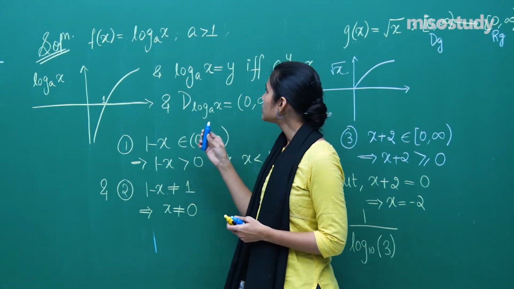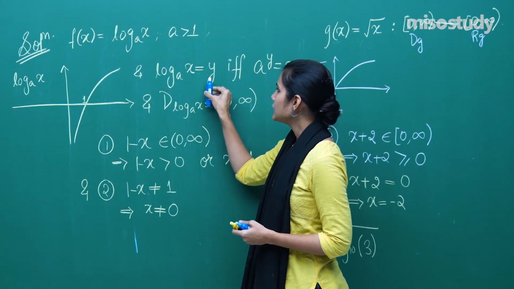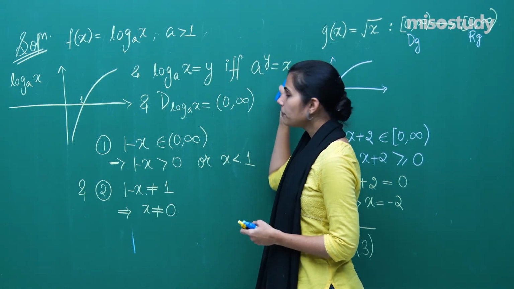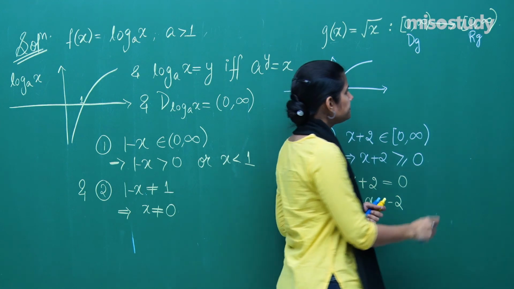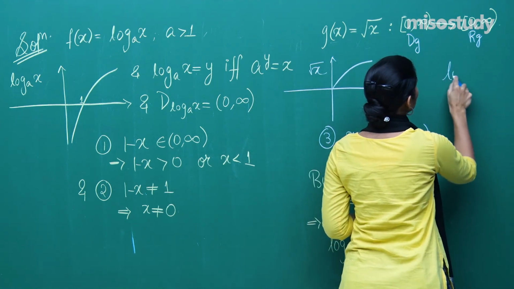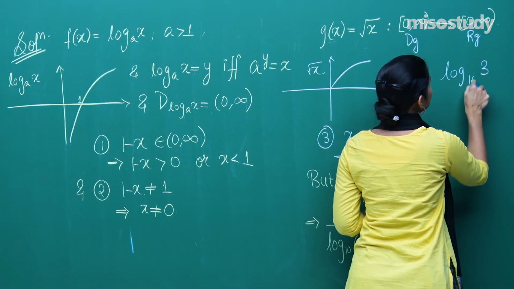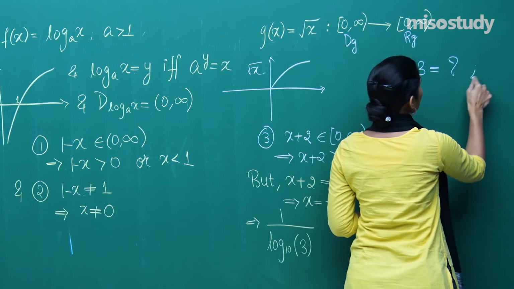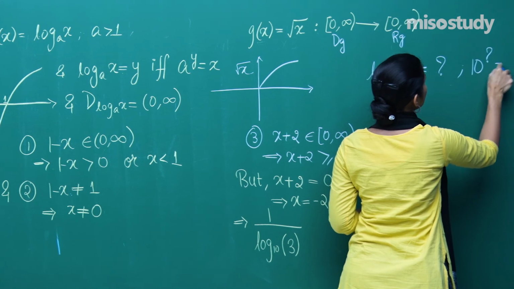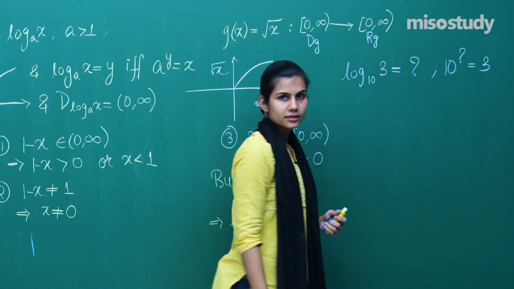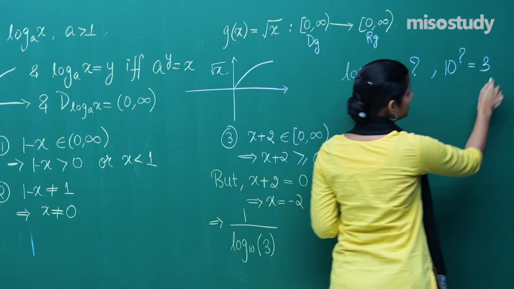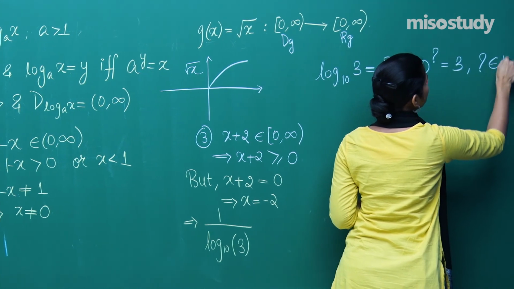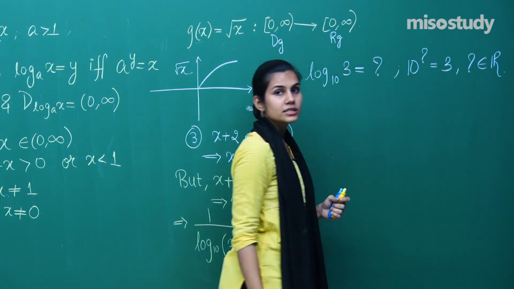Now what is log 3 to the base 10? If I use this rule that log x to the base a is y, if and only if a to the power y is x, then log 3 to the base 10 is equal to that question mark such that 10 to the power question mark is 3. And this question mark is allowed to come from all reals.